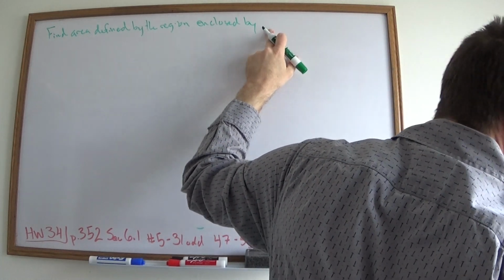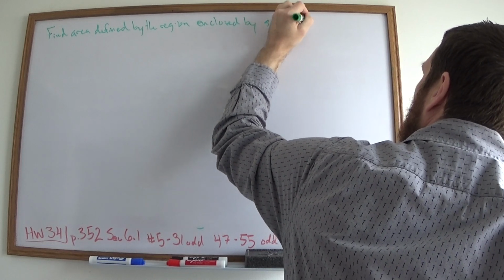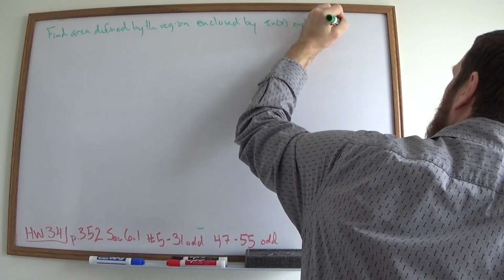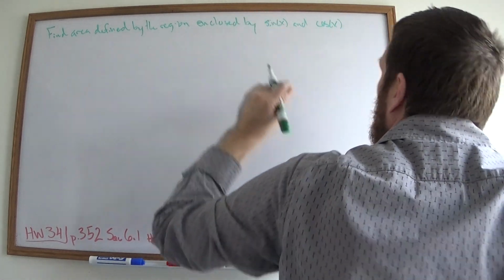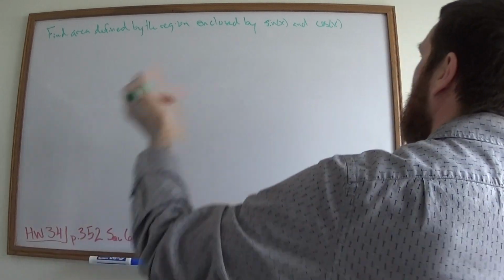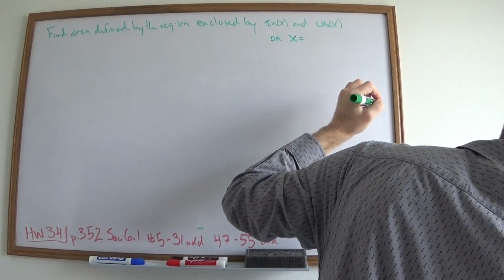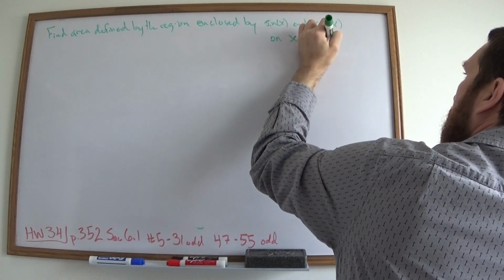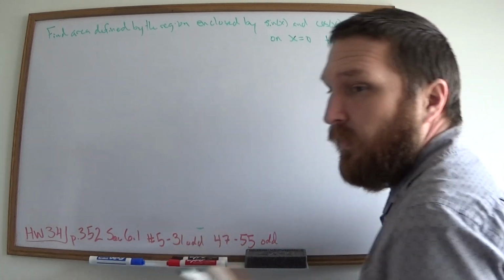In this case the functions are sine x and cosine x on, because that's infinite, I have to say on x equals 0 to x equals pi, with every single one of these.